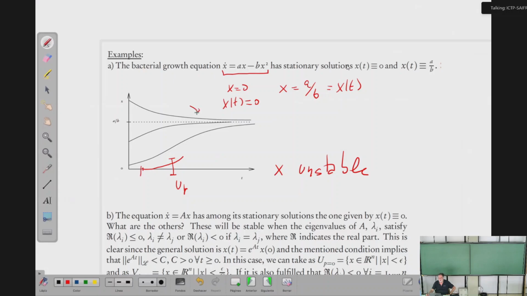So the vector field here points like that, and here points like that. Since the vector here points towards this point and this points this way, this will be stable. So any neighborhood I take here will go to 0, so this is asymptotically stable. It's not only stable, but also asymptotically stable.